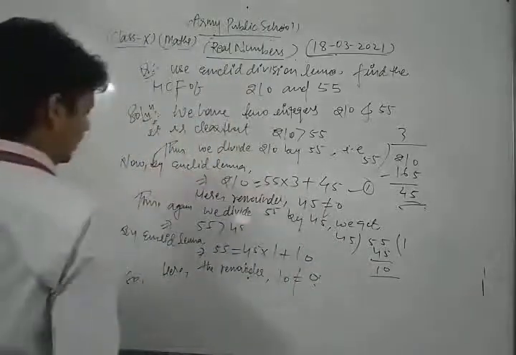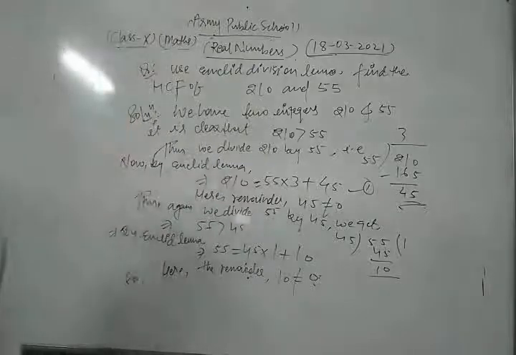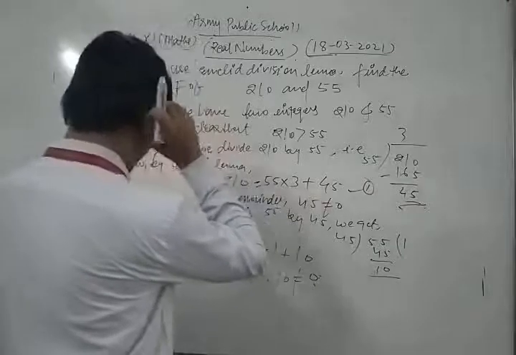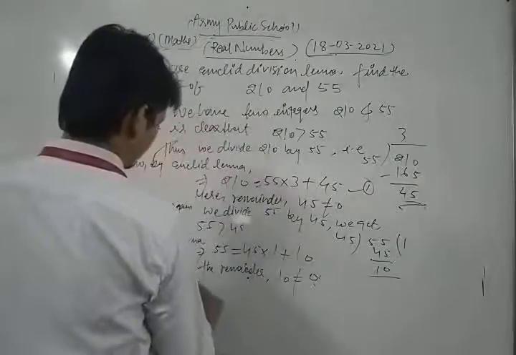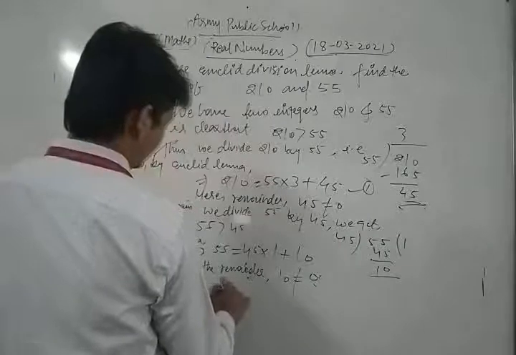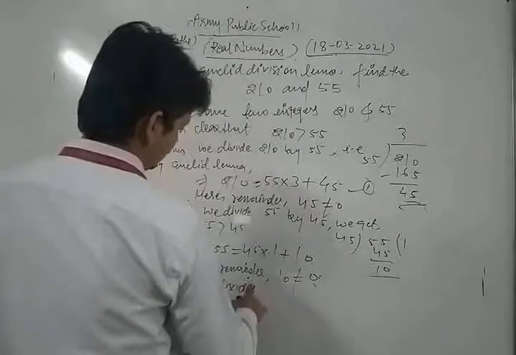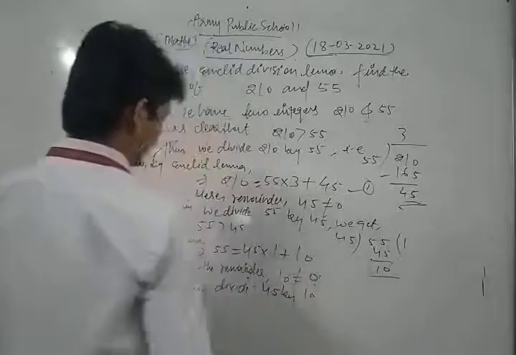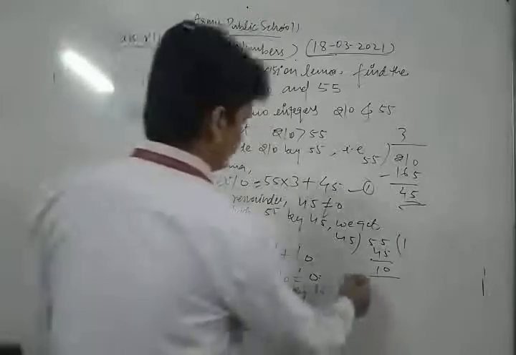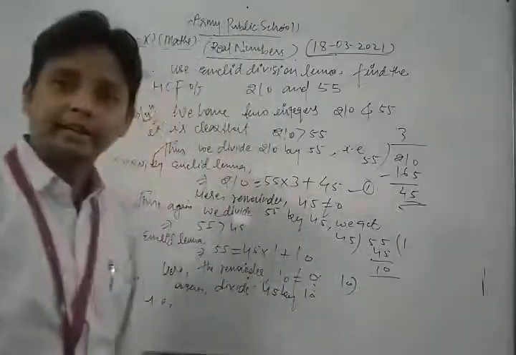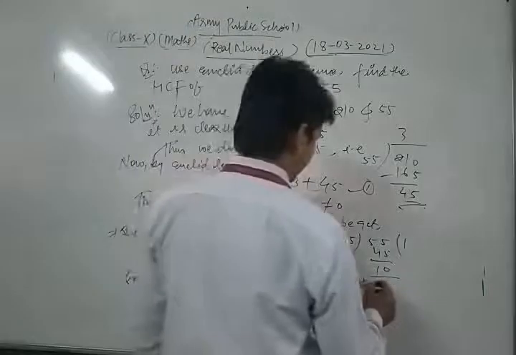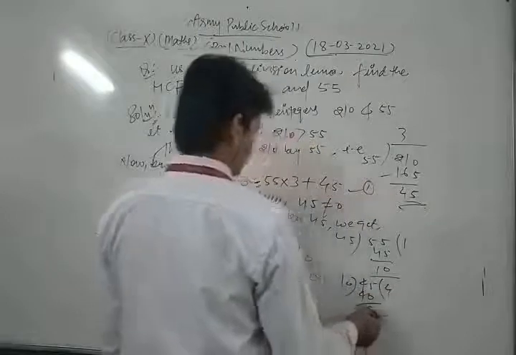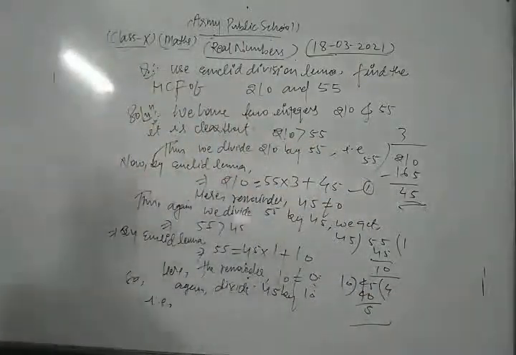So again we divide 45 by 10. When we divide 45 by 10, 10 fours are 40, so the remainder is 5.